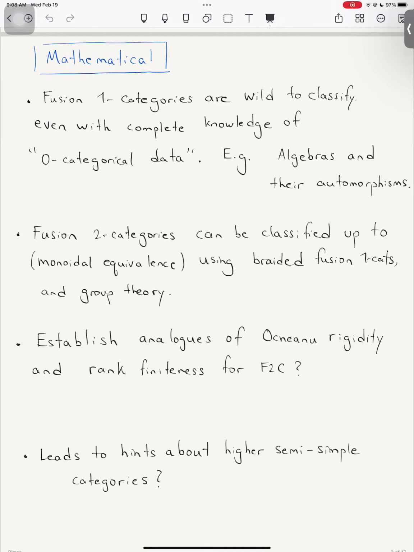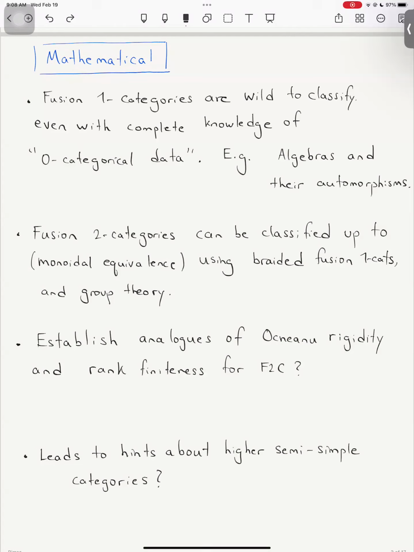For example, if you had knowledge of groups and algebras, and how these groups can act on the algebras, then this 0-categorical data isn't actually enough for you to recover all the fusion 1-categories. In particular, there are many exotic examples of fusion 1-categories that just don't arise from groups.